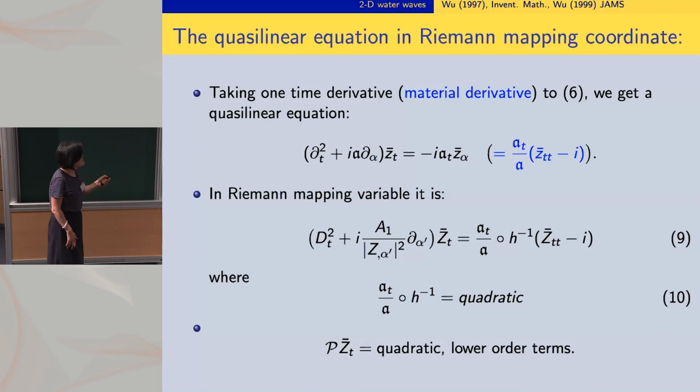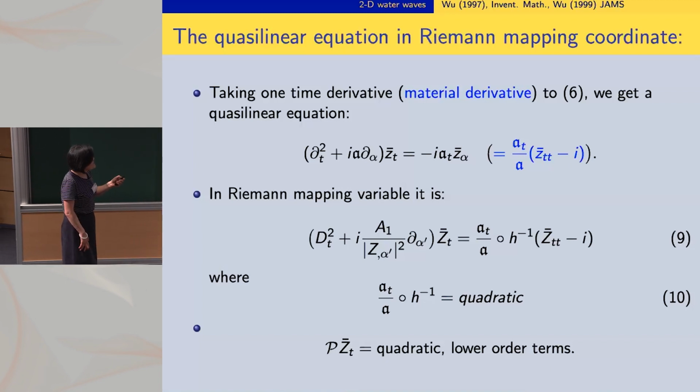Also, if you look at the I a d alpha, I d alpha is applied to the holomorphic function. This is really the Dirichlet-Neumann operator, which is a non-negative operator, a positive operator.